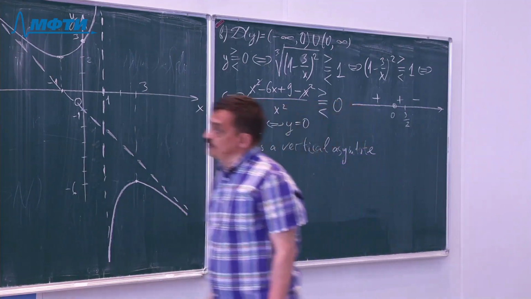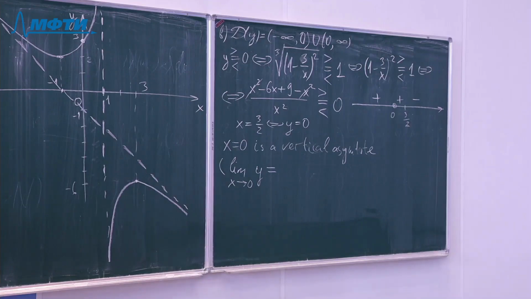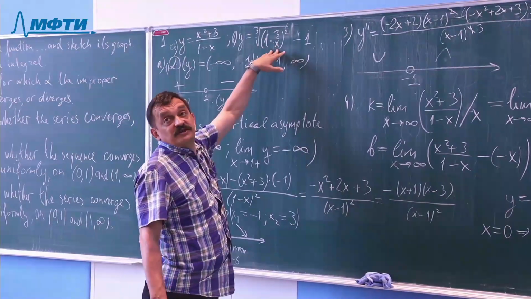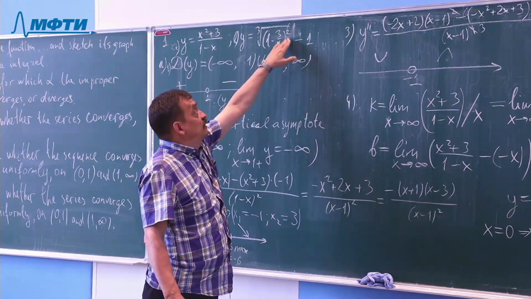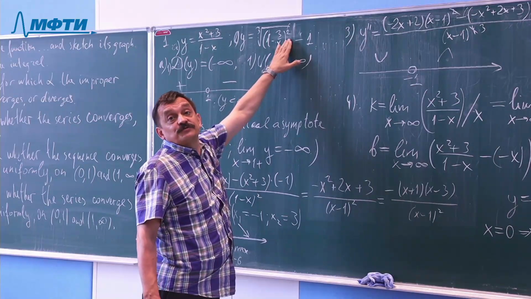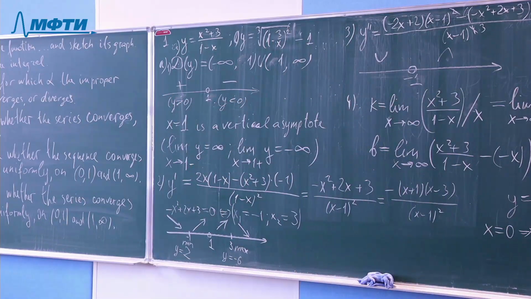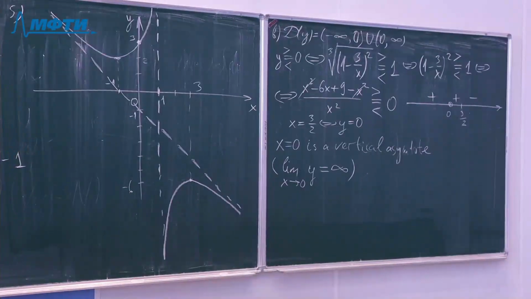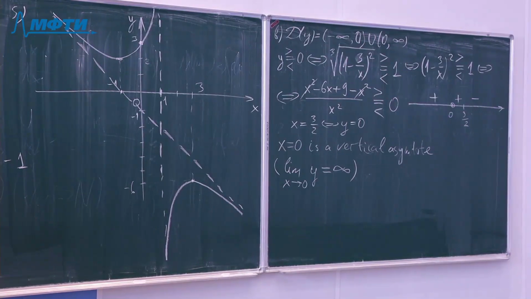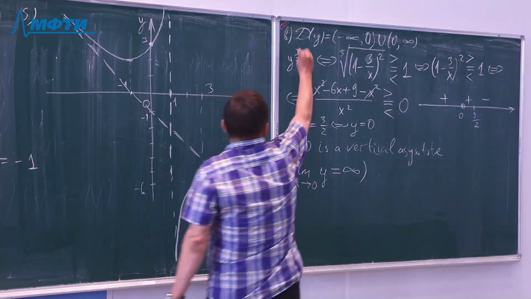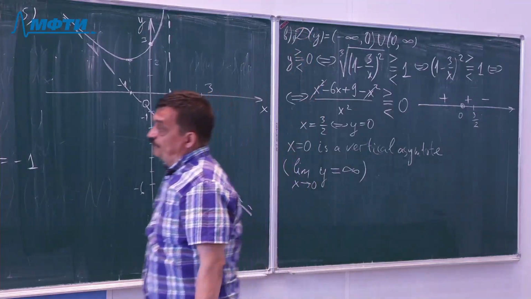So if we substitute x tends to 0, minus 3 over x tends to plus or minus infinity, right? But taken squared, it is plus infinity for sure. So we have plus infinity. And that is why we have a vertical asymptote at 0. Okay, that is the first stage.